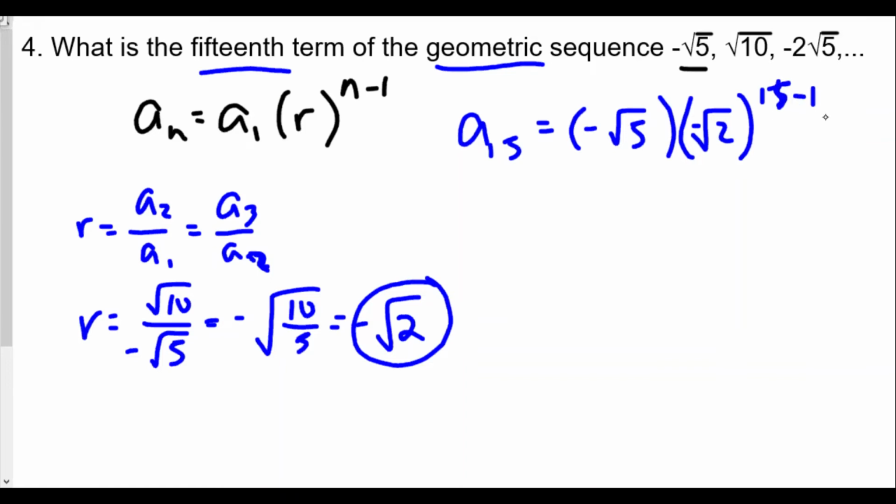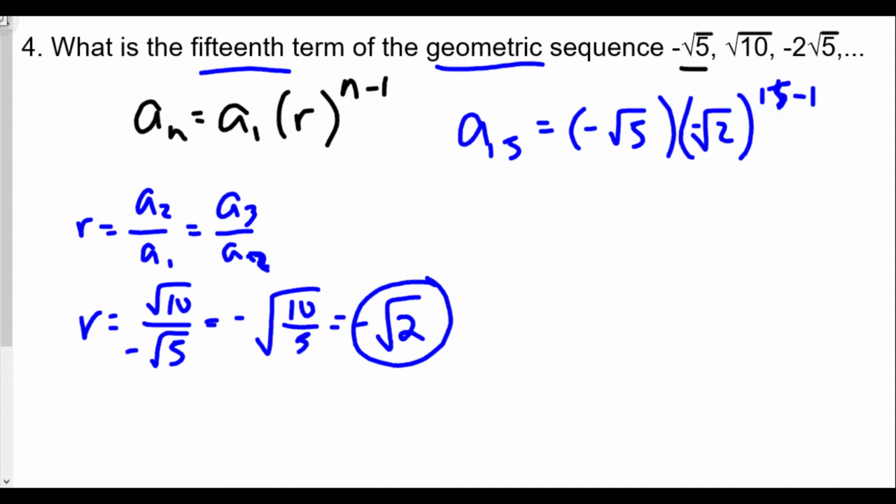I have a hard time drawing fives. We're going to find this, which probably won't need a calculator. The thing is, we're looking for an exact value, not a decimal. So we'll see how this turns out.